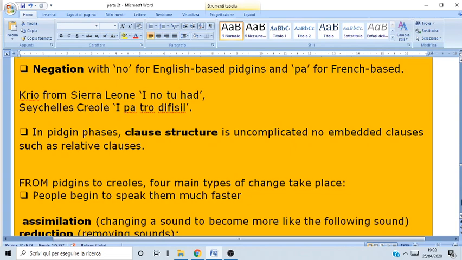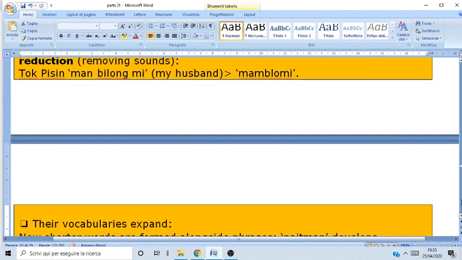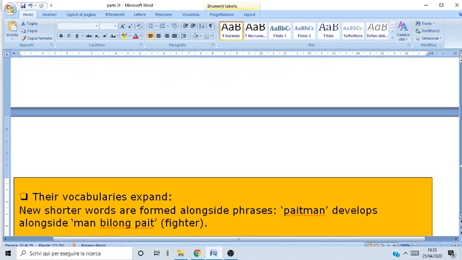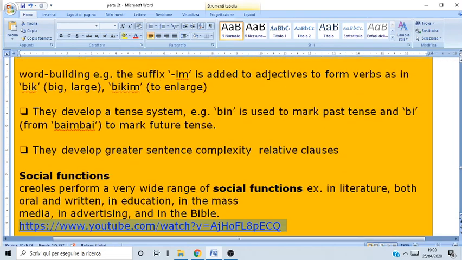Okay, so the passage from pidgin to creole, people speak faster. Vocabulary is expanded. There are tenses and more complexity from a general sentence point of view.